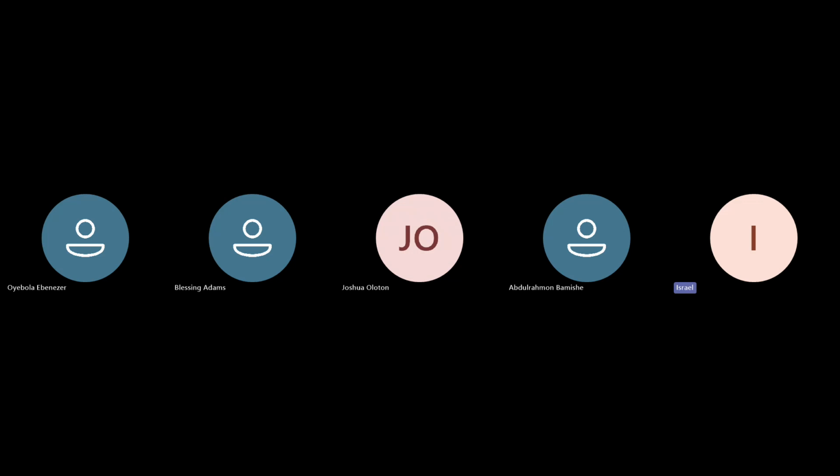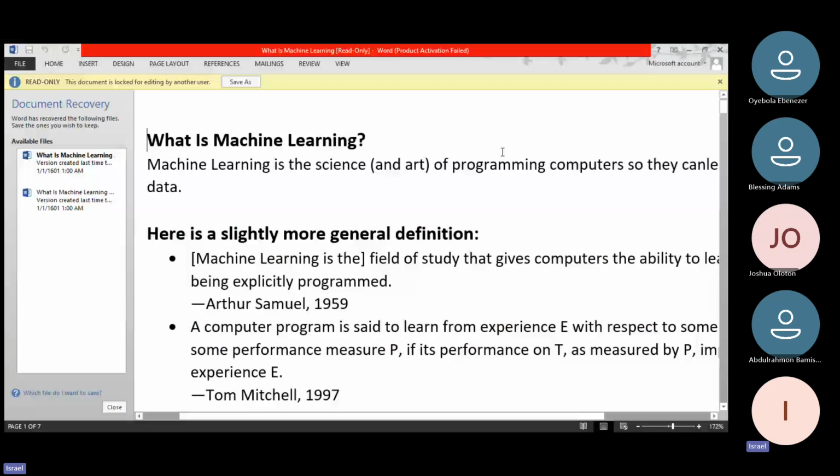So that is how your email is able to classify them as a spam email, right? But we don't want to do that traditionally. We want to let a computer learn from data on its own and be able to detect if a particular email is a spam or not. So I believe you can see my screen now.